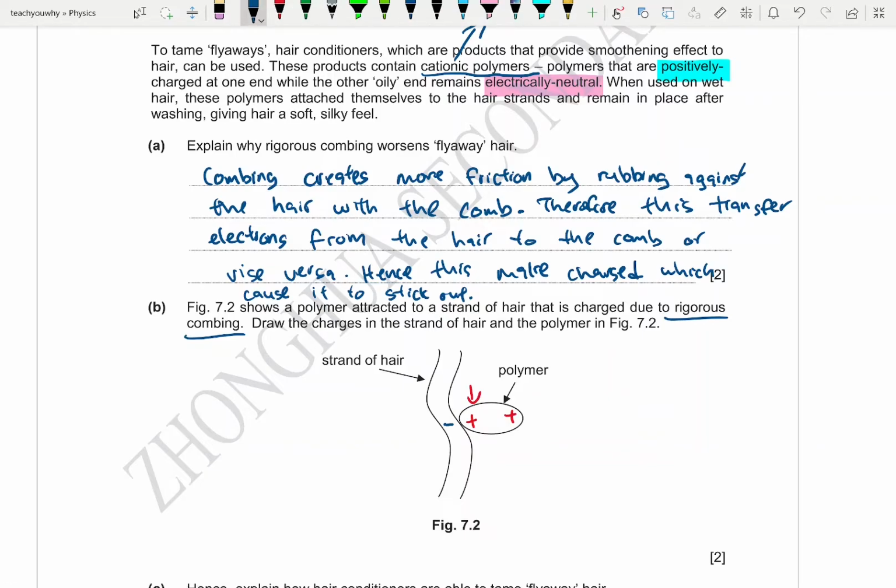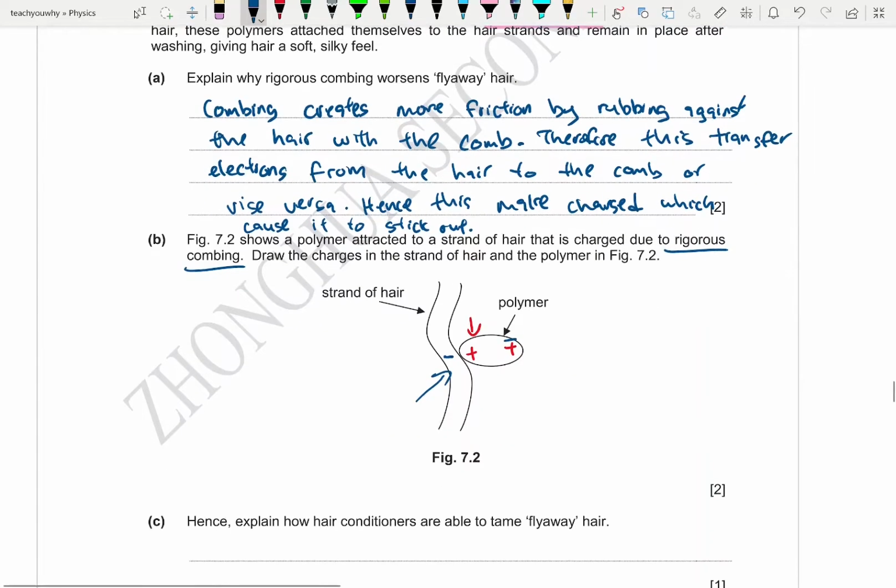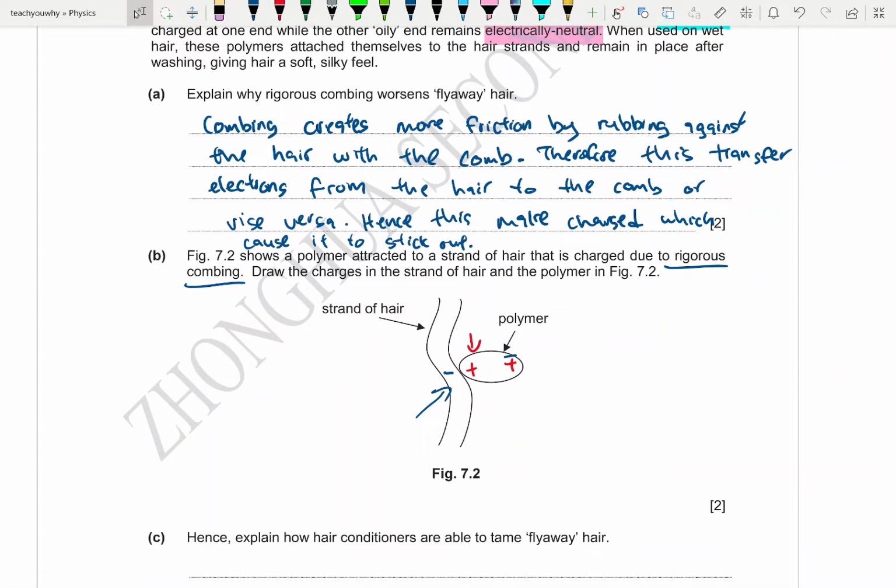Now neutral, how do you draw neutral? We don't draw neutral by drawing nothing. We draw one positive and one negative to indicate it is neutral. Okay, so in this case over here we have negative attracting with the positive.